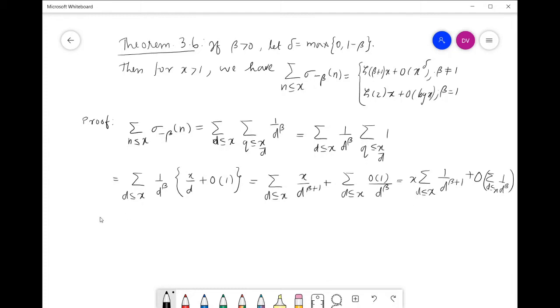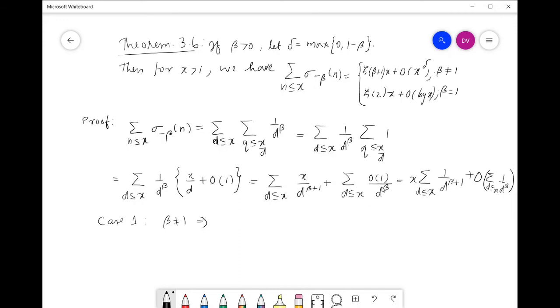Okay, now we set case 1 as beta not equal to 1. That implies beta is not equal to 1.